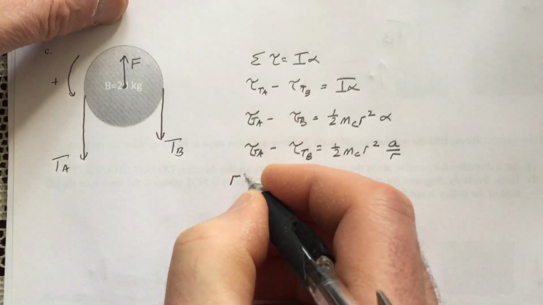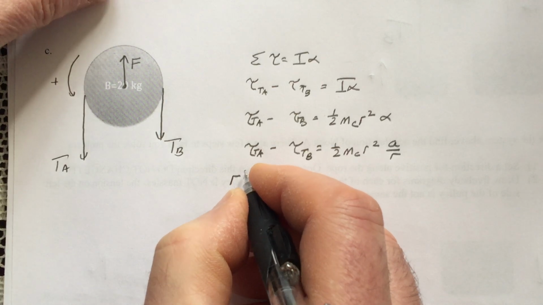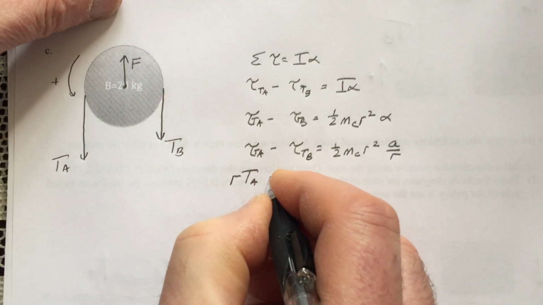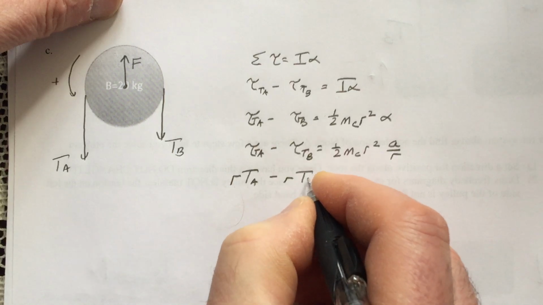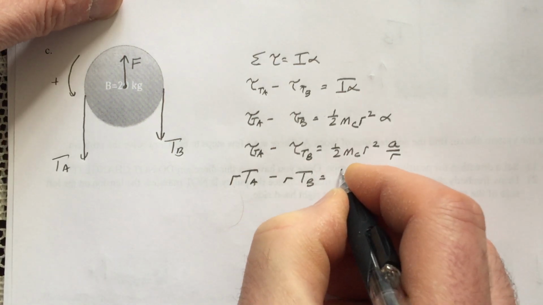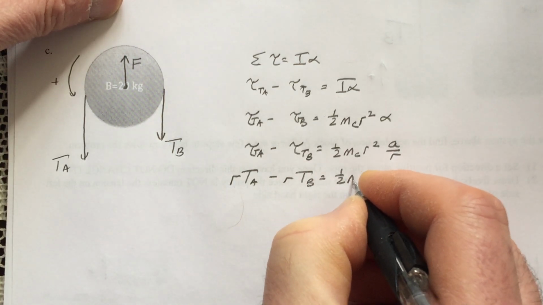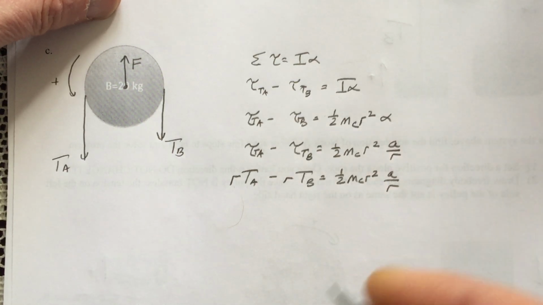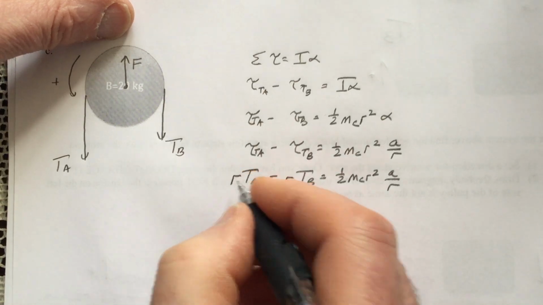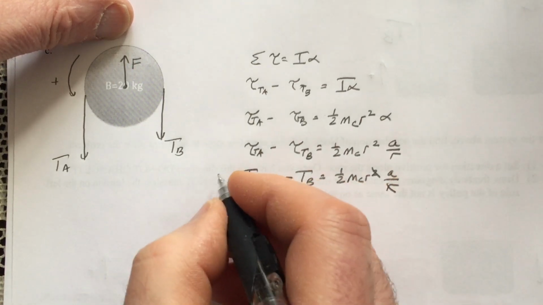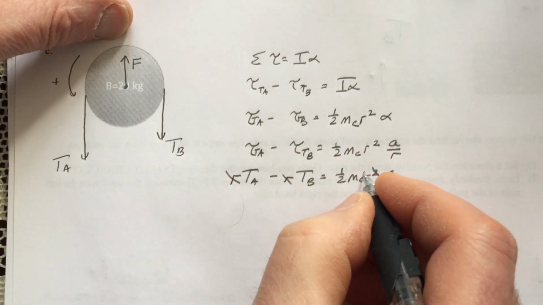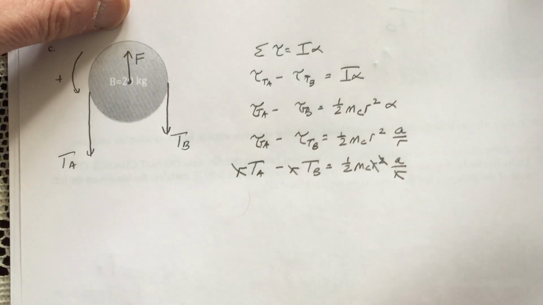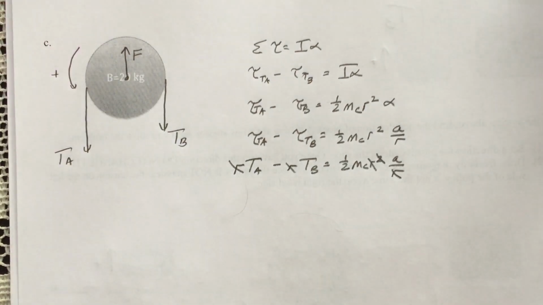So I'm going to get R times the tension of A minus R times the tension of B is going to be equal to 1/2 mass of C R squared A over R. And now a beautiful thing happens. This R cancels out those squares, and all these R's go away. Makes life much, much, much easier.